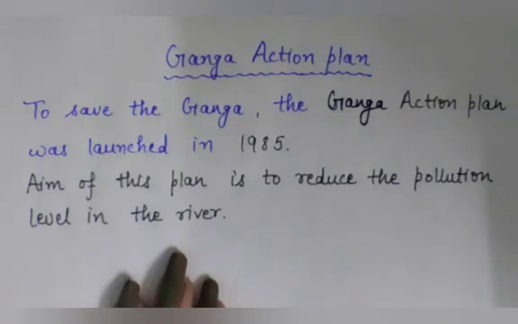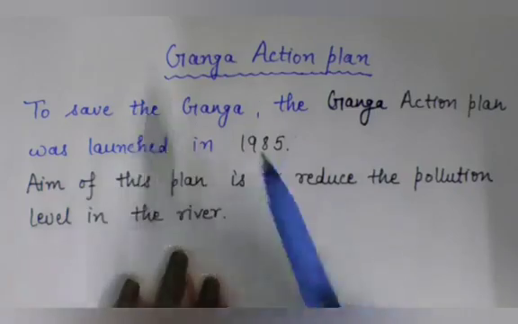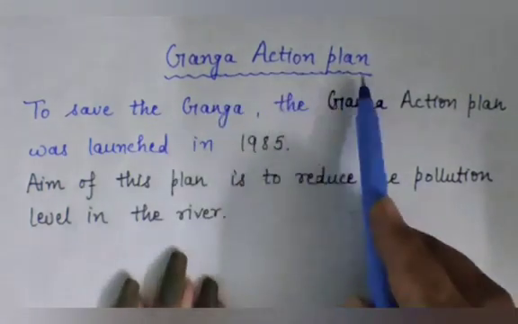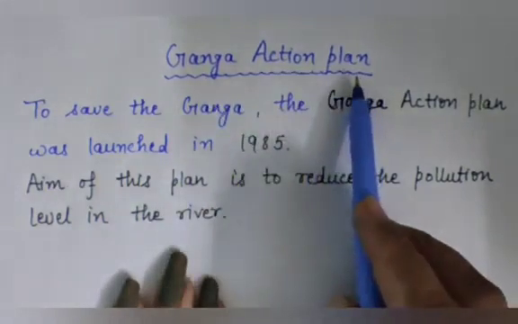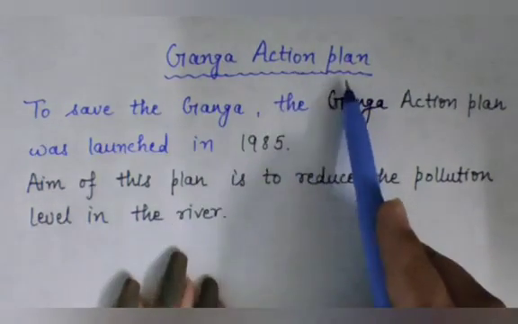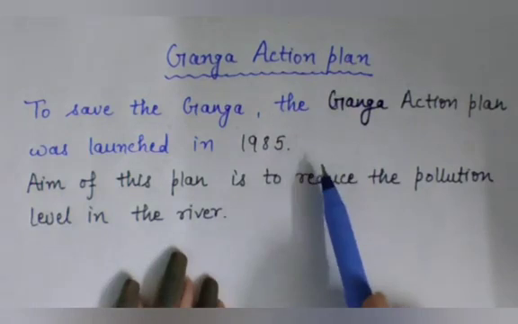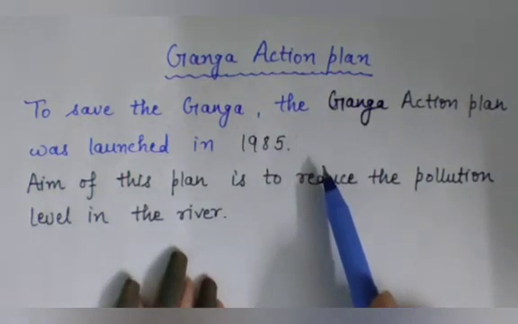For the potable water, let us take a look at Ganga Action Plan. This is a case study, Ganga Action Plan. Okay, so what is Ganga Action Plan? See, we know that Ganga is one of the most famous rivers of India, right?